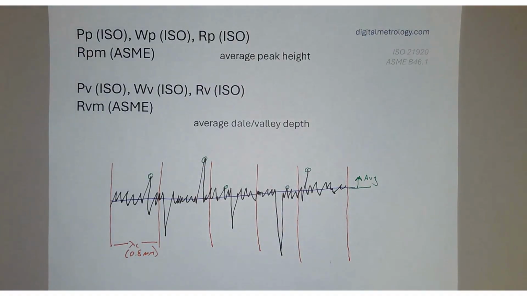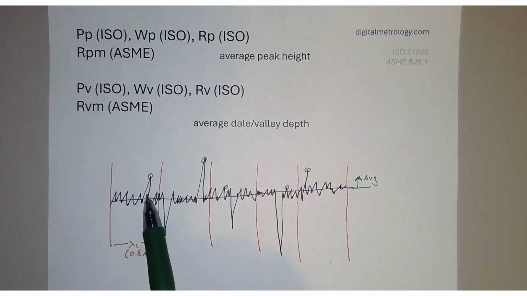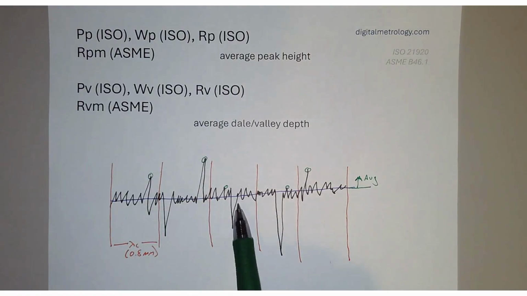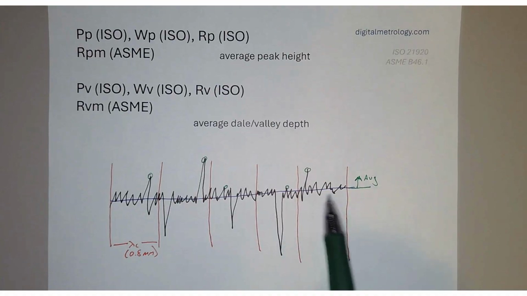Now, this average has different names in different standards. The ISO standards base all of their parameters on a sampling length. So the RA parameter is based on the RA in a sampling length, and then we average together our other RA values.